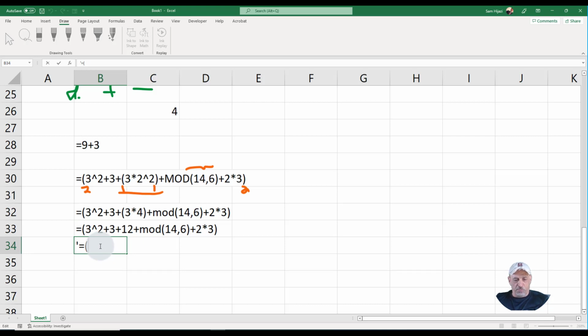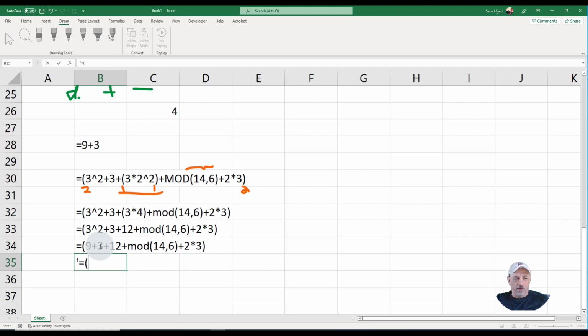So 3 raised to the second power, which is 9, plus a 3, plus a 12, plus mod 14, 6, plus 2 multiplied by 3. And that will actually save me one step. I know it's a lengthy process, but we need to understand that.